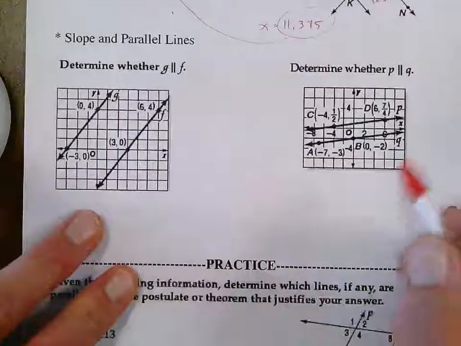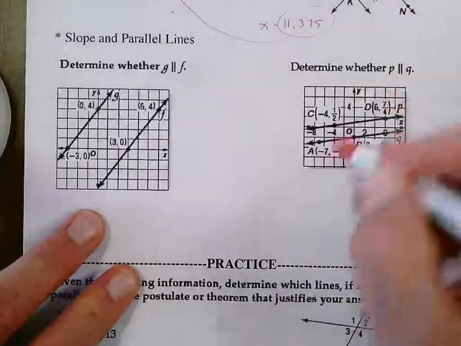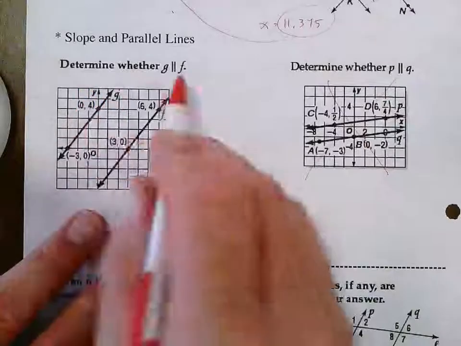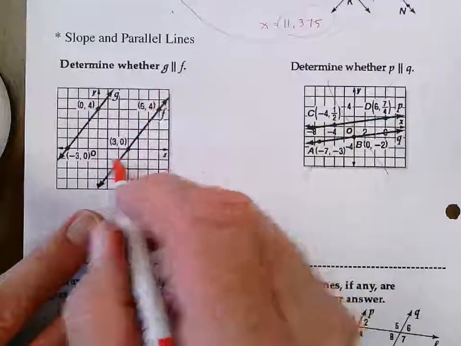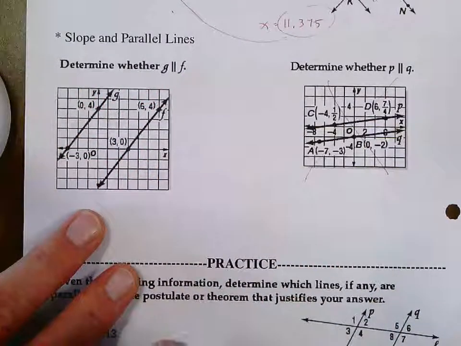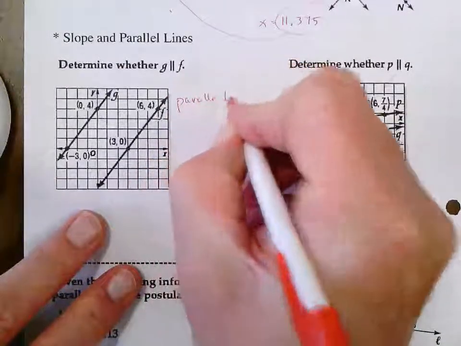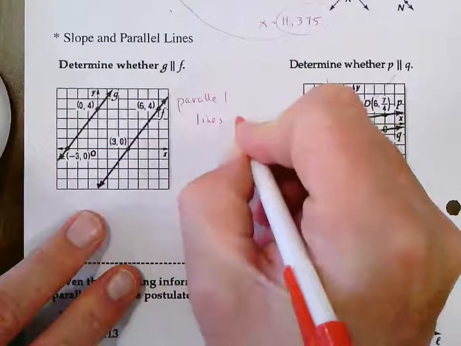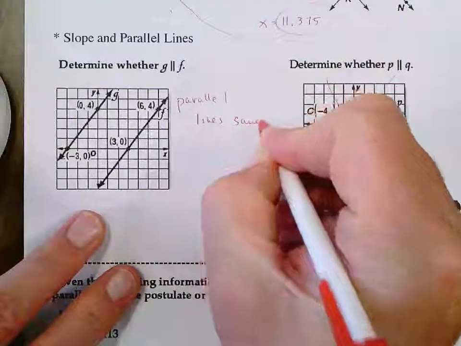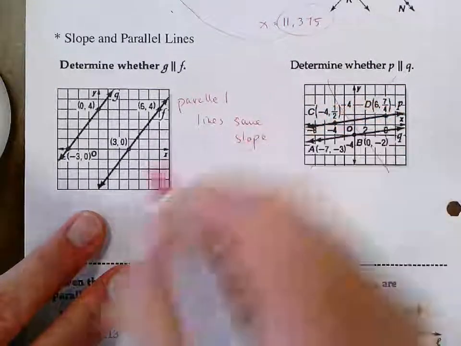I'm not really worried about this problem over here with the fractions. For right now, determine if these lines are parallel. Well, you would just look at their slopes, correct? So remember, parallel lines have the same slope. So to do that, I could just do rise over run.